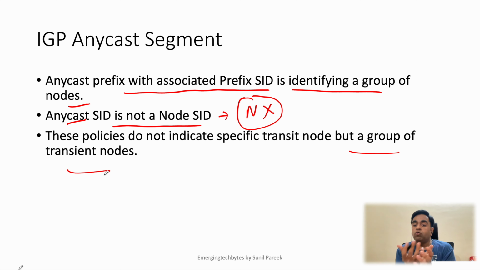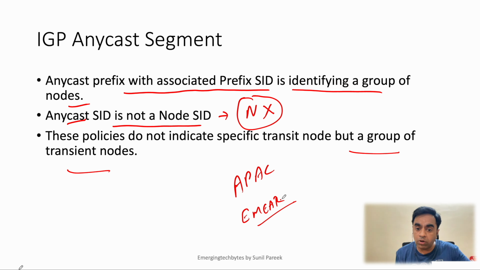But you may be thinking, why in SR are we talking about the anycast segment? To give you an example, I was talking to a customer which has its presence in APAC as well as in the EMEA region, and they had a certain compliance requirement which says that any traffic which goes out of EMEA heading towards the APAC region should pass through data centers in the Netherlands.